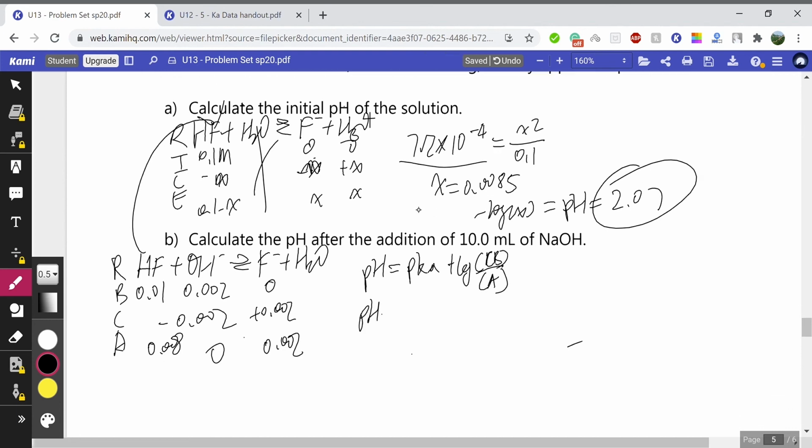So pH is equal to 3.14 plus the log of conjugate base, which will be 0.002, divided by our acid, which will be 0.008. So 3.14 plus the log of 0.002 over 0.008 will give you a pH of 2.54.